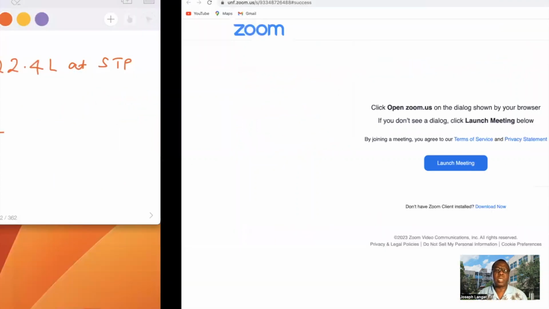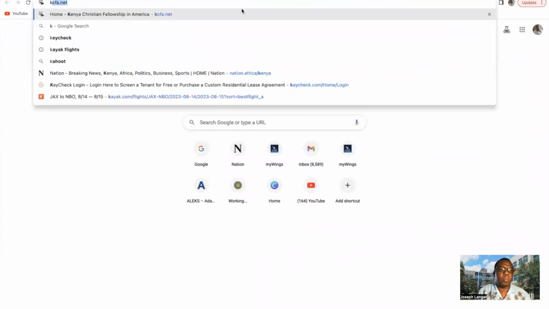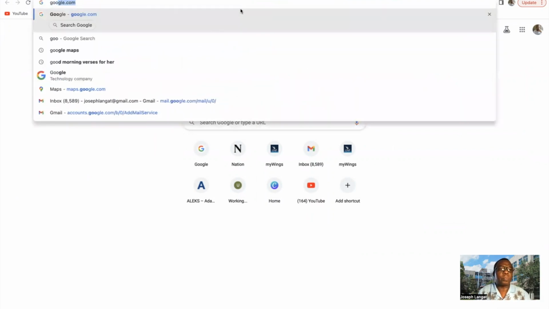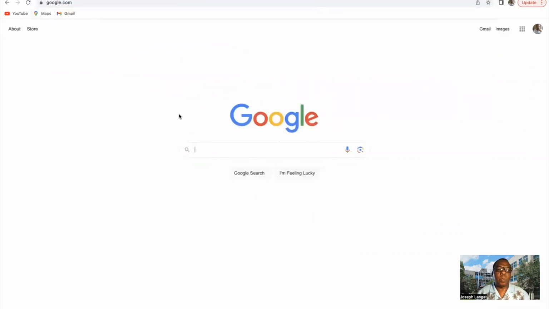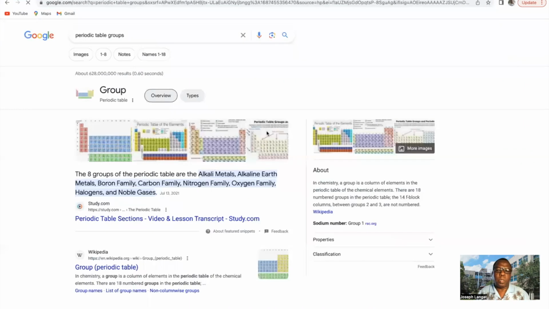Let me quickly pull up a krypton periodic table. Don't worry about Googling during the quiz, because I will provide the periodic table during the exam.